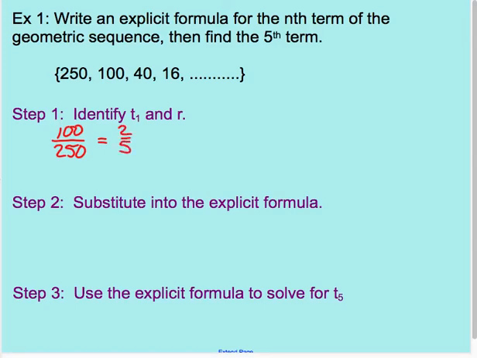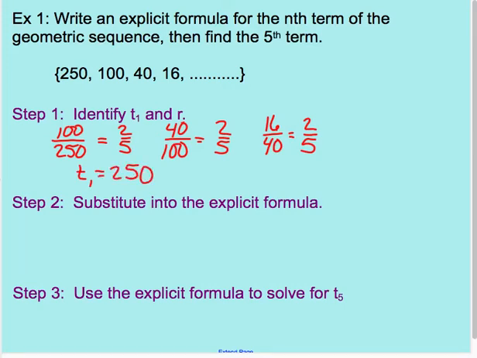Just to check to make sure that it's a geometric sequence, we can take the third term and divide by the second term. We get that same common ratio, it simplifies to 4/10 or 2/5. Then take the fourth term and divide by the third term, and again, when we simplify this, we get 2/5. So that common ratio between all of our terms is the same. And of course, our first term is 250.